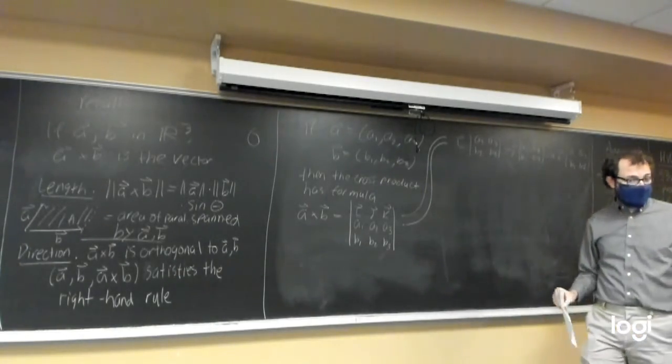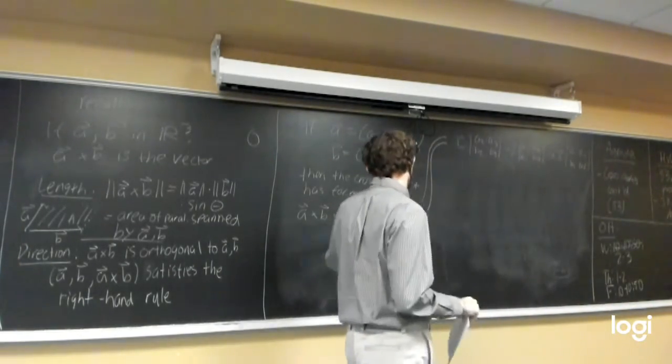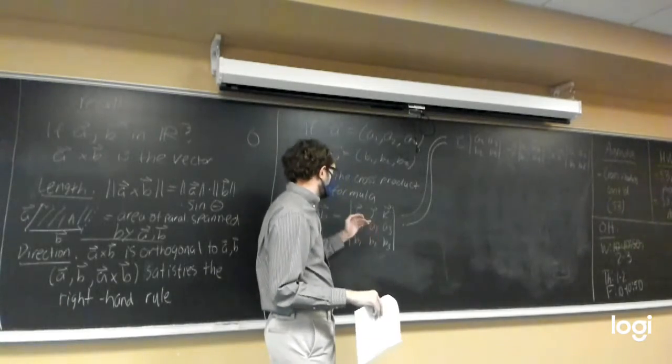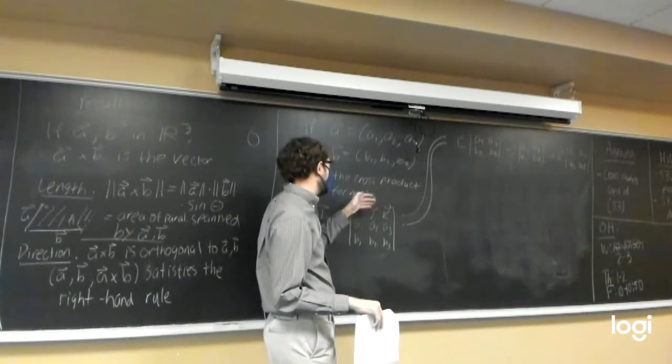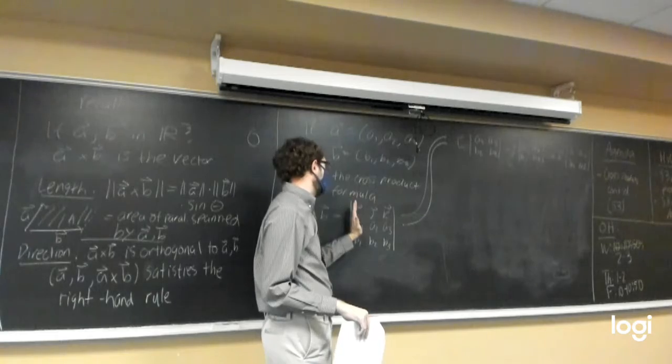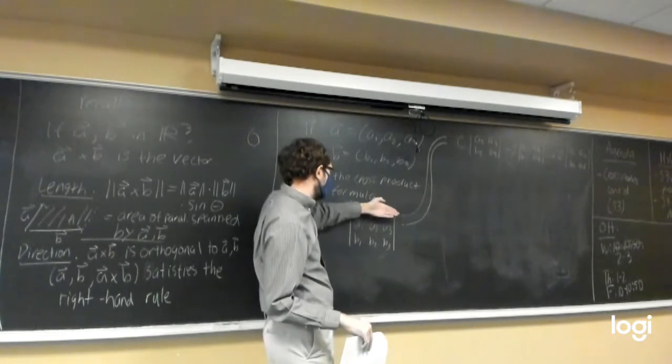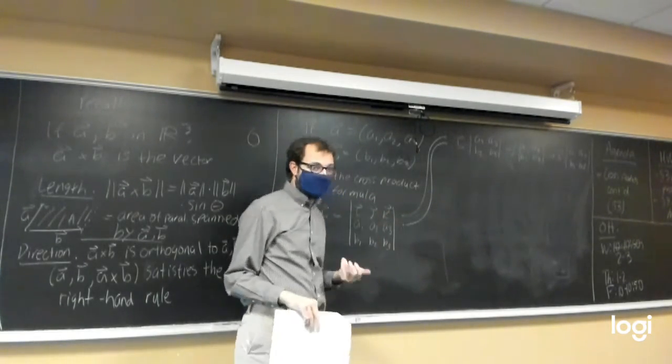Using the same method we did before, you just work your way along the top row, and each 2 by 2 determinant for i, for instance, is remove the row and column with i in it. For j, it's remove the row and column with j in it. Ditto for k.